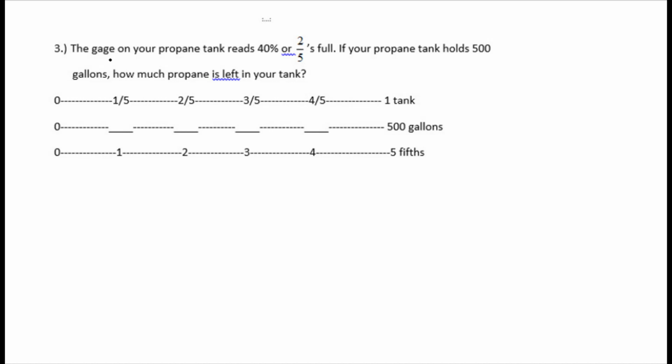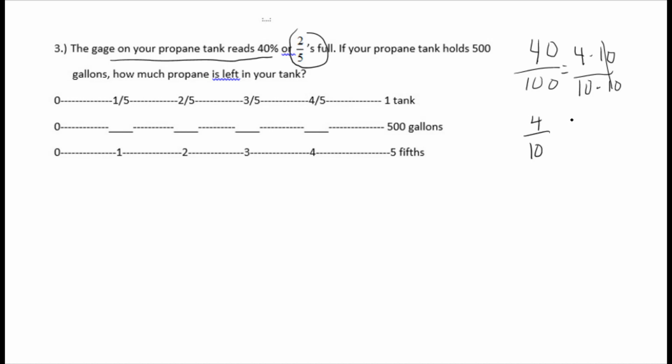So this one here, it says the gauge on your propane tank reads 40% or 2/5 full. 40%, which we're not getting into until next chapter, means 40/100, which is 4 times 10, and that's 10 times 10. 10/10 is 1, so I'm left with 4/10, and that has a common factor of 2, so I can write that like that. 10 is 5 times 2, 2/2 cancels, so 40% is 2/5. I just showed you how you can go about checking it.